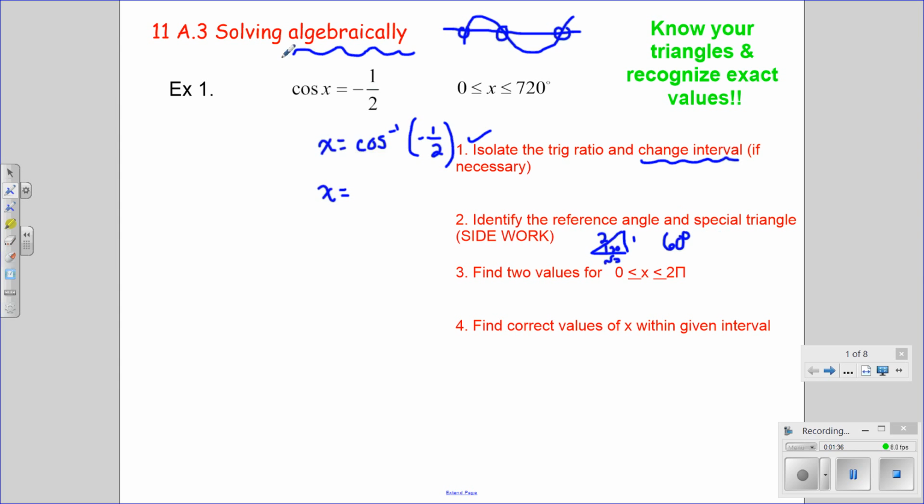And for it to be negative, I need to be thinking in quadrants 2 and 3 for cosine. All right, so some side work is just that thinking process. I'm using my 30, 60, 90 triangle, reference angle of 60 degrees, and I'm in the second and third quadrant. So now that I start to isolate x, I write down what values would satisfy this equation.